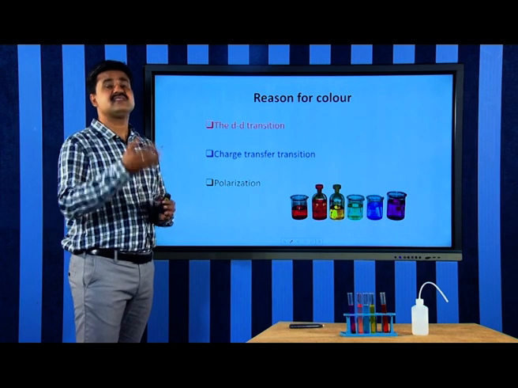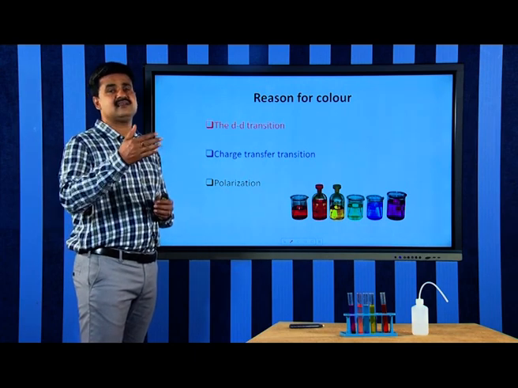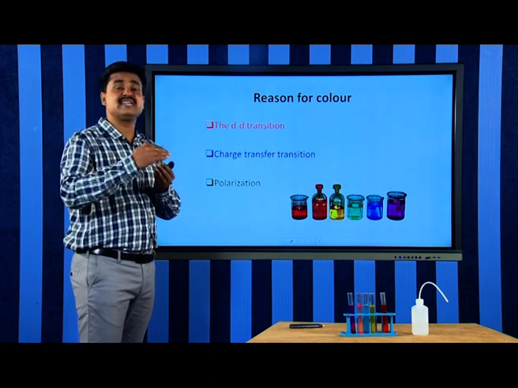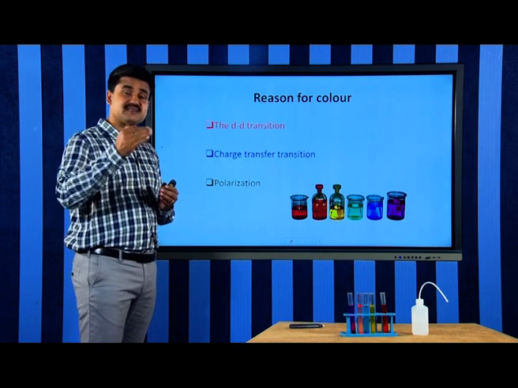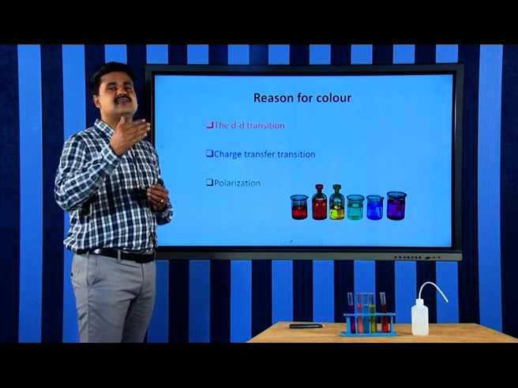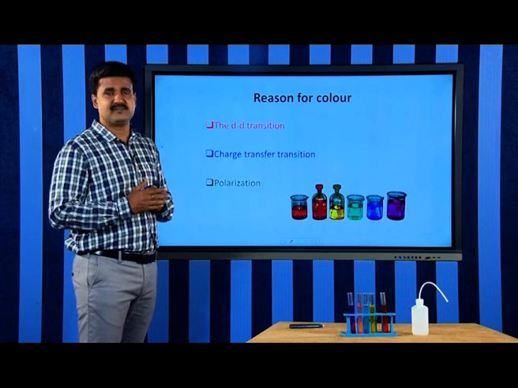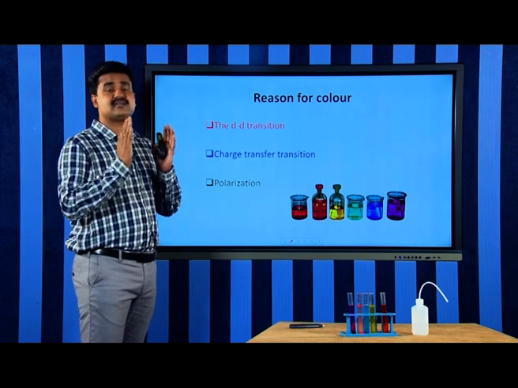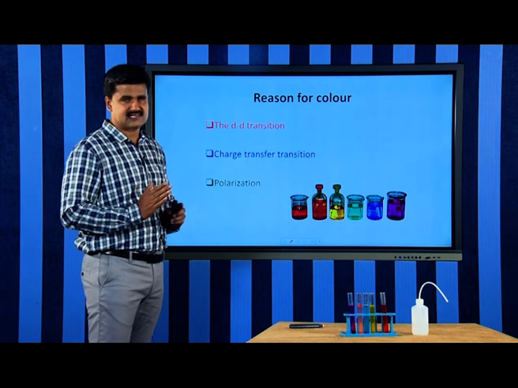That means these d orbitals split in their energy and there is a chance for transfer of an electron from a low energy d orbital to a high energy d orbital by absorbing some radiation, and as a result of such a transition, complementary color will be emitted. That is the more common reason for the color of d block compounds, d-d transition.